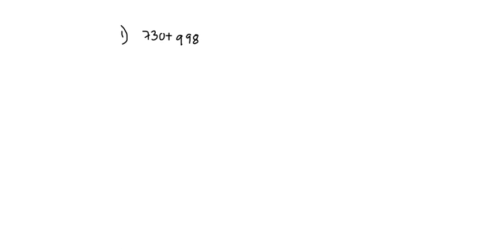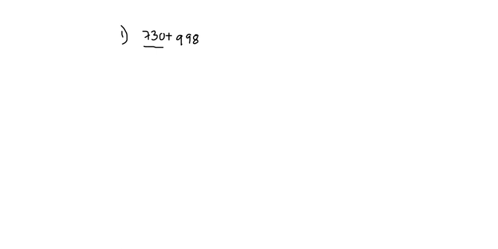Now 730, we have to round off the given numbers to hundreds. Before, we explained about the four topics called general rule, nearest hundreds, nearest tens and nearest thousands. Now here 730 plus 998.